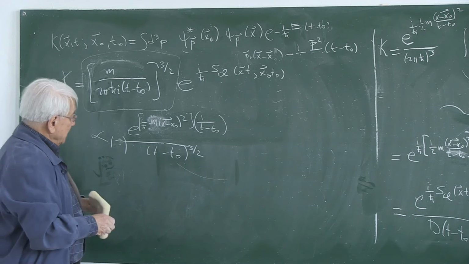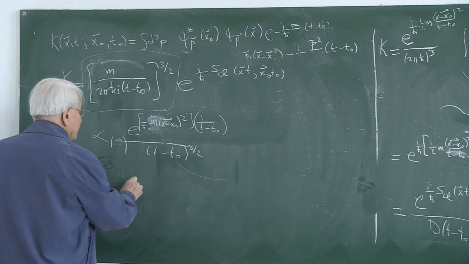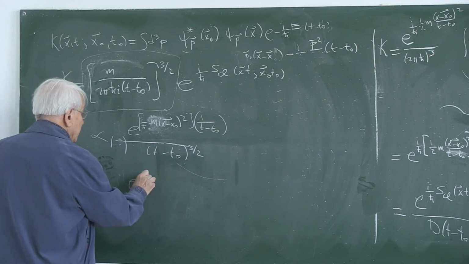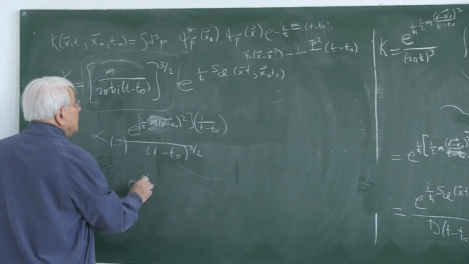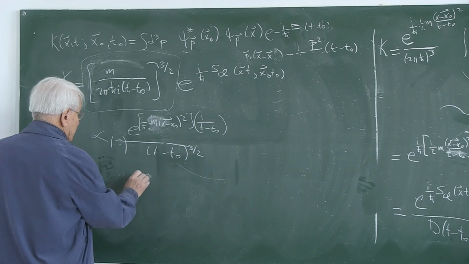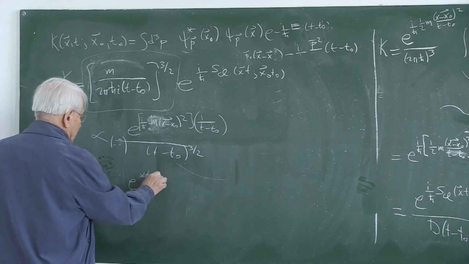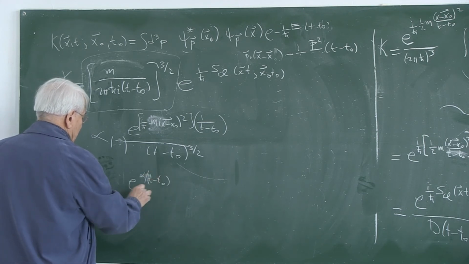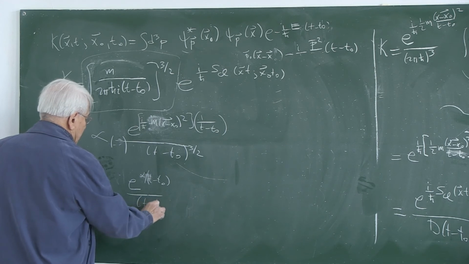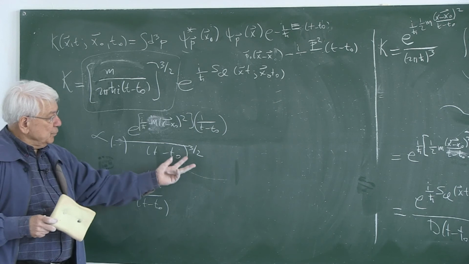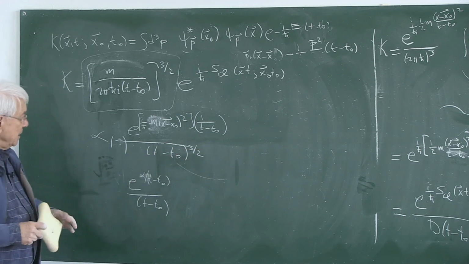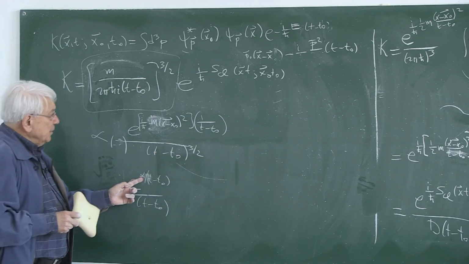And what about the following expression, e to the alpha divided by (t minus t0)? Because there are 3 factors, you can multiply this as 3 factors. What is this factor?